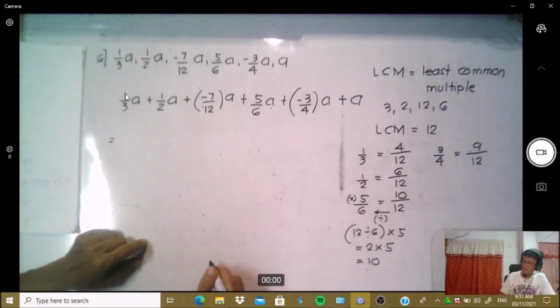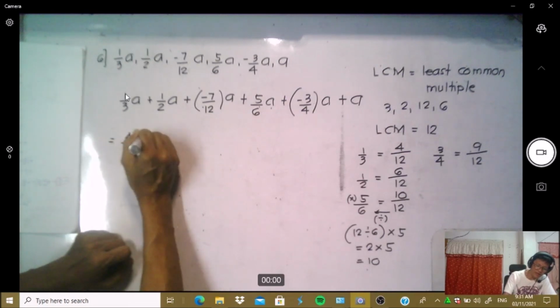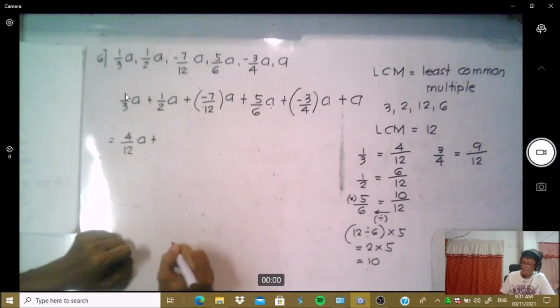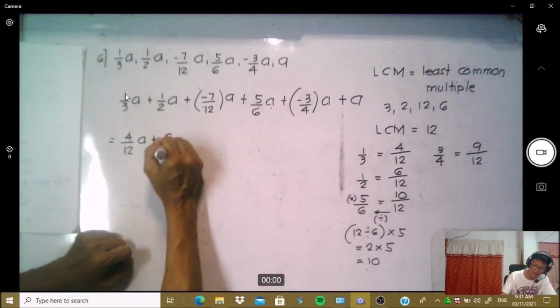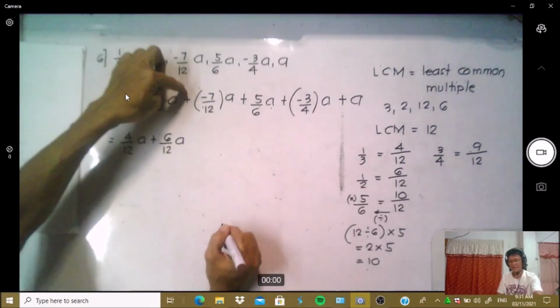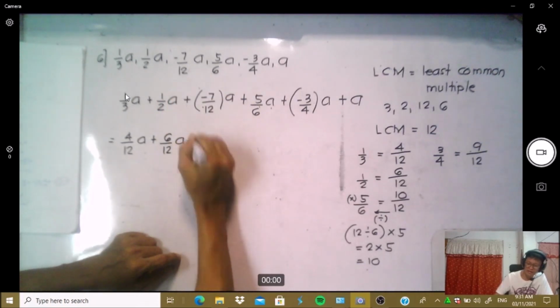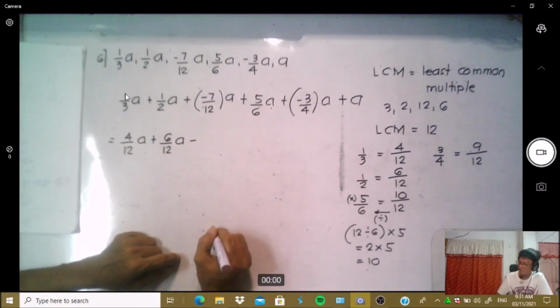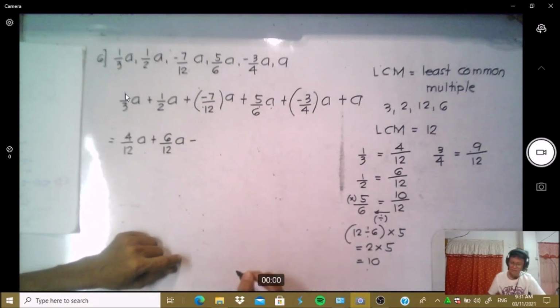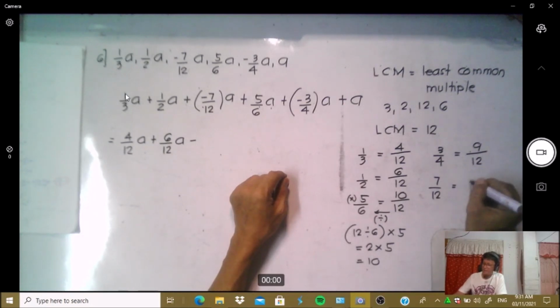So 1/3 is 4 over 12, so we have 4 over 12 of A, plus 1/2 is equal to 6 over 12 of A. Then we have minus 7 over 12. I forgot to convert 7 over 12, but this is also 7 over 12.